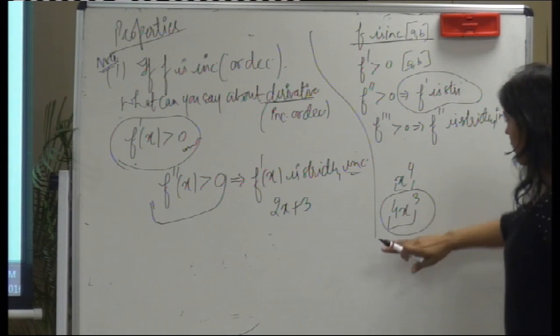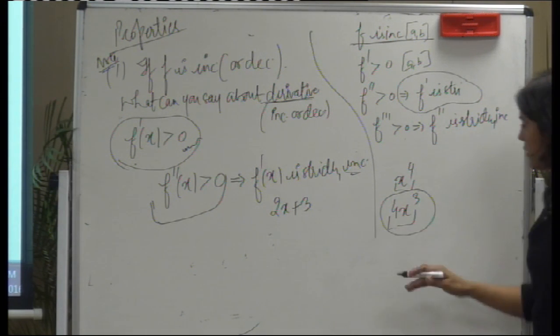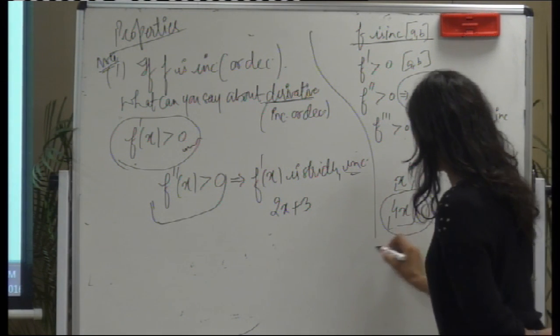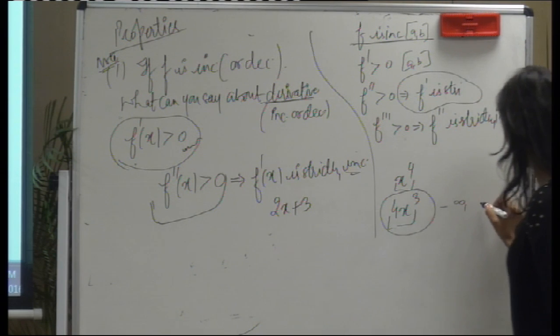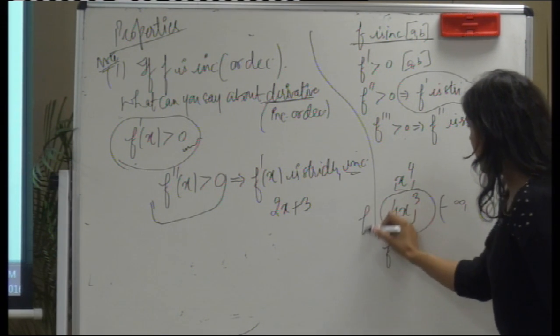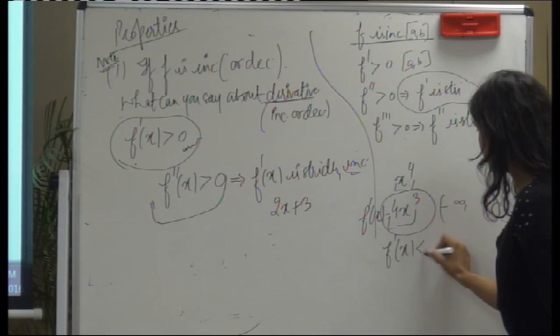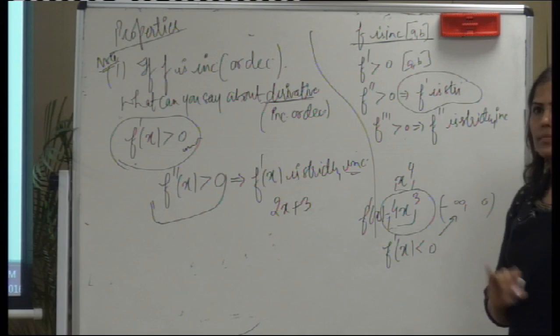So where is this function increasing? Negative side, it is increasing. So break it: for minus infinity to 0 values, this is f dash x, and this is less than 0 in this interval.